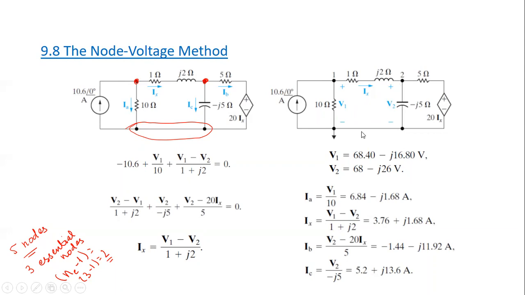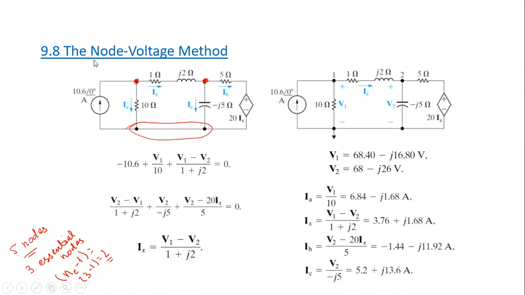So now we assigned all the voltages, and we see that we have 2 variables, V1 and V2. Then we need to apply KCL. You need to apply KCL to node 1 and to node 2. This is how we use the node voltage technique.